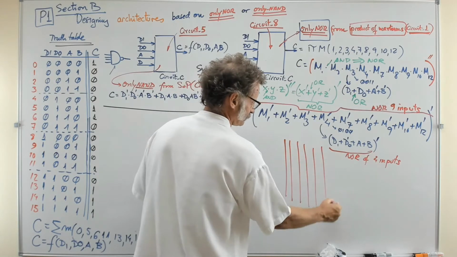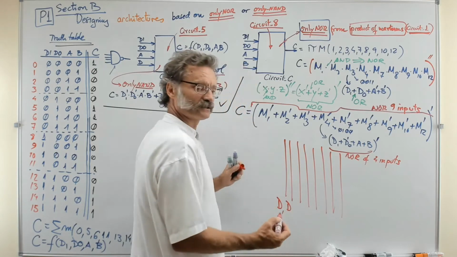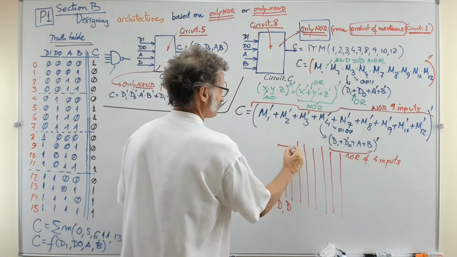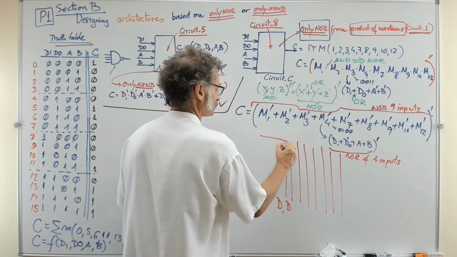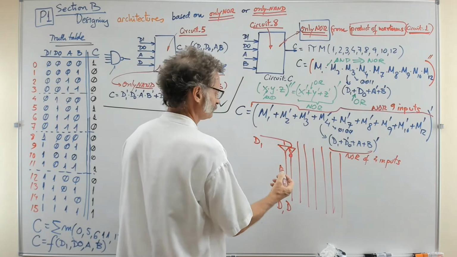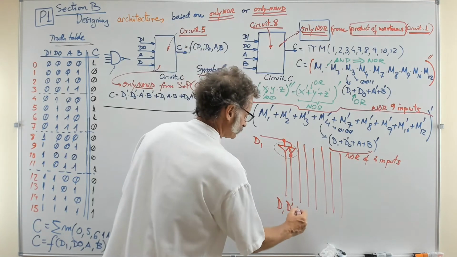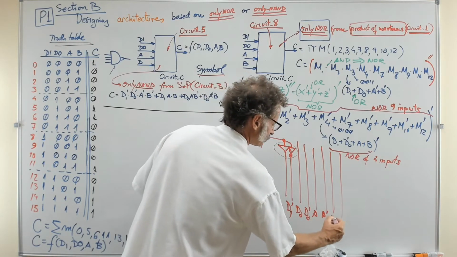Okay, if you like, you can do the same as before, paying attention to the literals that are connected to buffers and not gates. So for example, if this happens to be the D1, and you have this couple of gates here, D1 not, D0, D0 not, A not, B and B not.